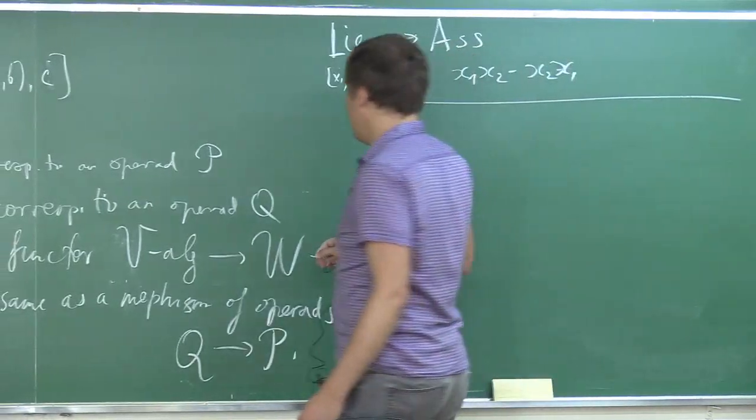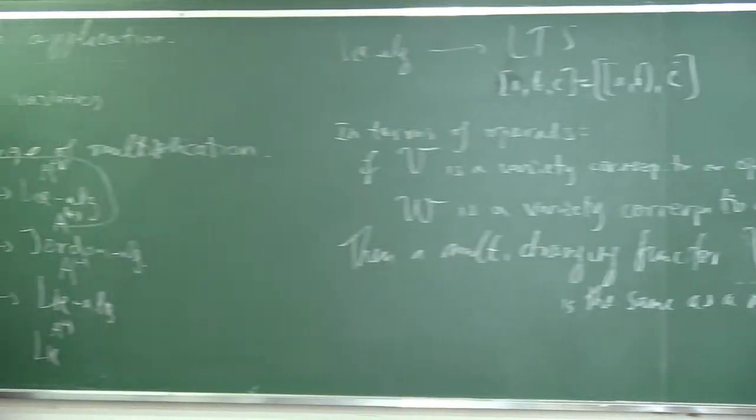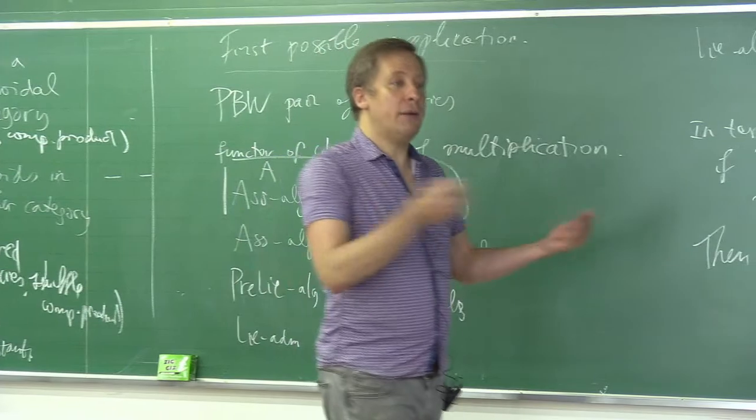So now, in the case of associative algebras and Lie algebras, we can talk about universal enveloping algebras.